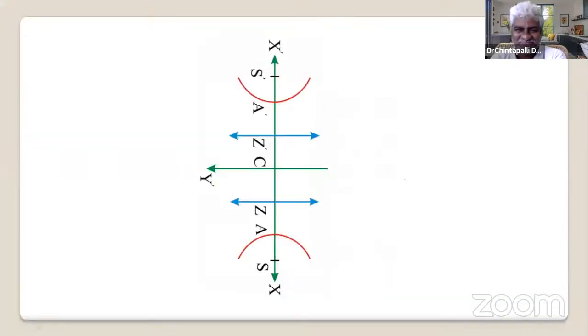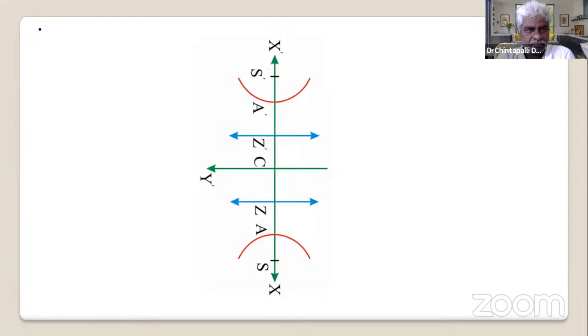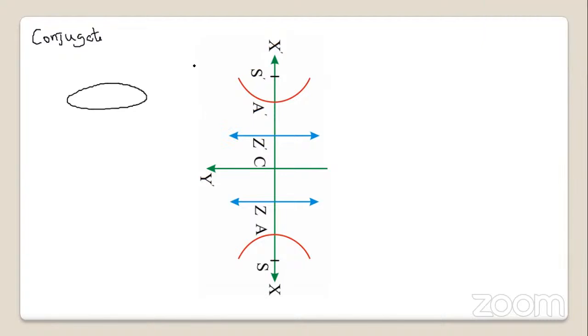See, this is called conjugate hyperbola, but there are small changes. Firstly, it has a special name, conjugate hyperbola. But in ellipse there is no name for the second category. Do you remember? We call it case one and case two.